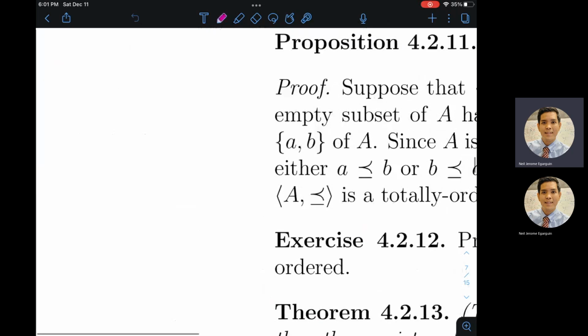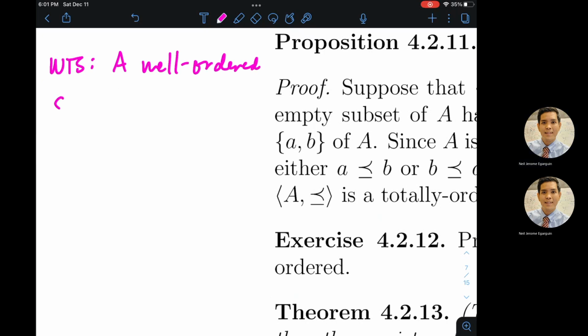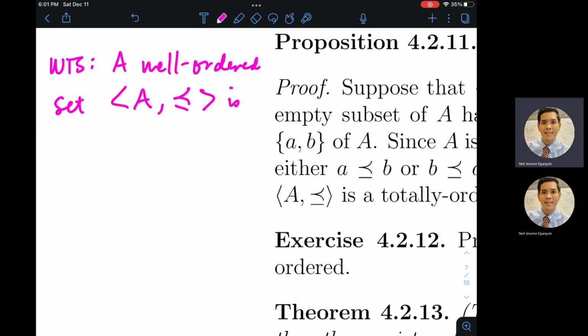Okay. So again, we want to show that a well-ordered set, say A, together with the precedes relation, is totally ordered. Yan yung gusto nating ipakita. And recall, what does it mean to be well-ordered? Ibig sabihin, lahat ng subset ni A ay may first element.